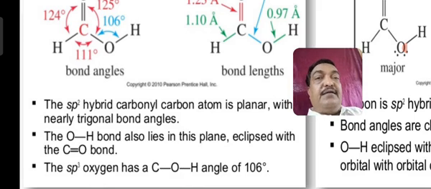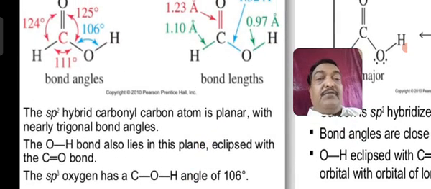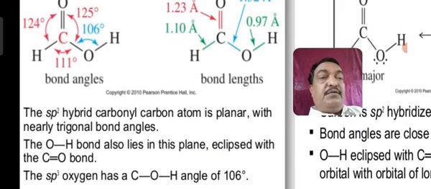So the central carbon attached to the COOH group is sp2 hybridized and trigonal.